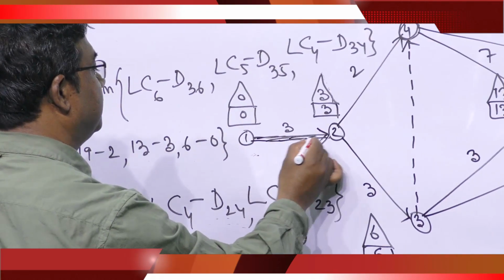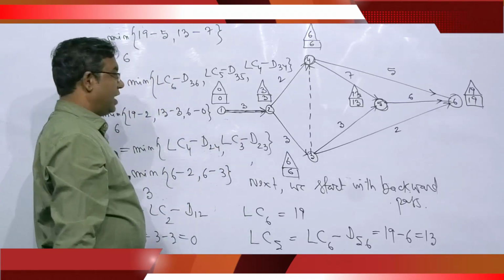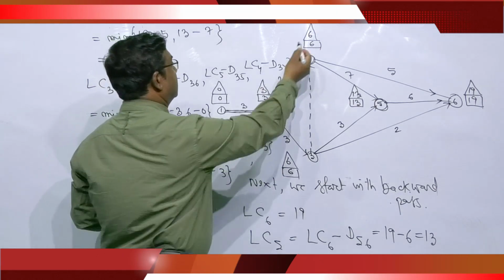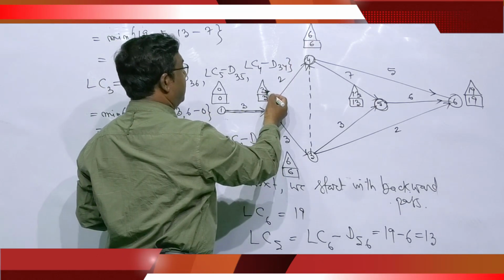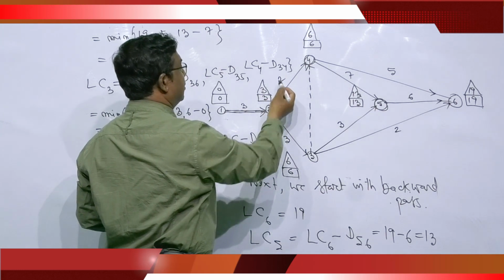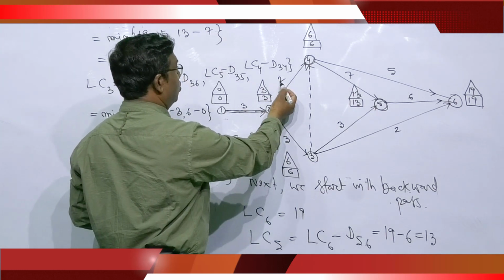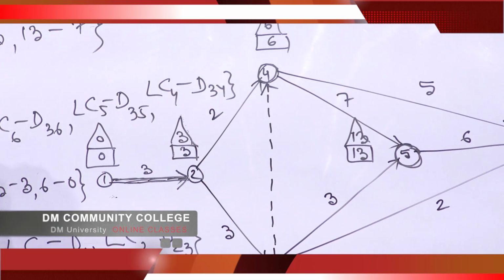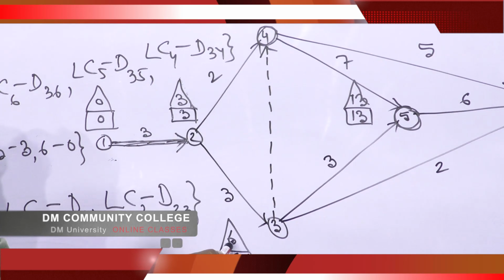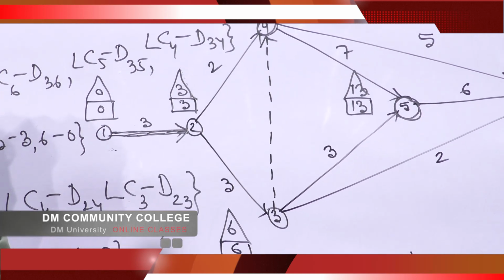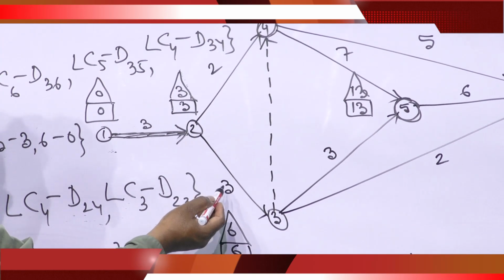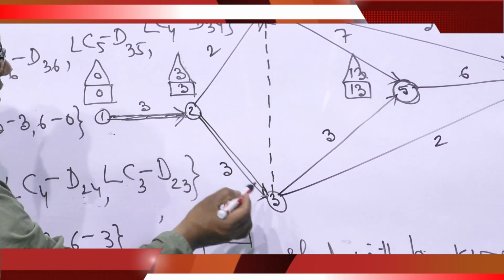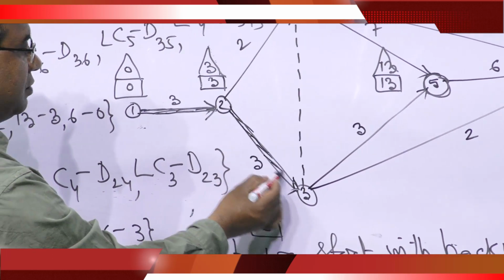Then next, 2 to 4: we check 6 and 3, the difference is 3, but here it is not 3, it is 2, so we will not go on this side. Here 3, 6, 3, the difference is 3, so duration is 3, so this is okay. We draw another line and make it bold.